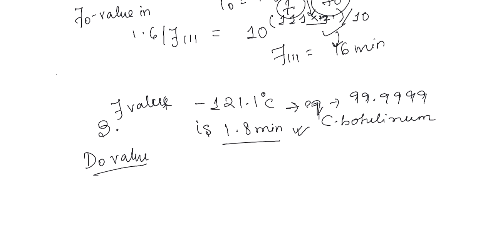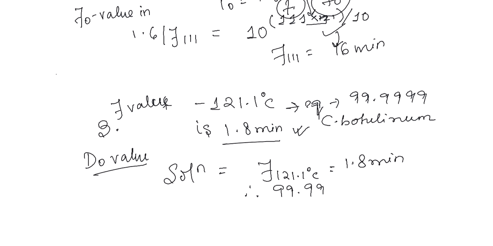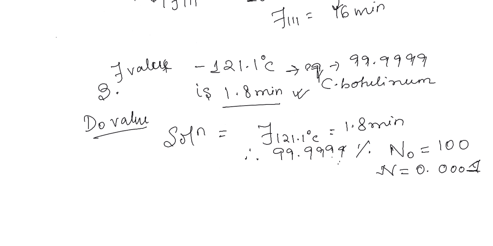We know the F value, so what we can do is solve this numerical. F at 121.1 degrees Celsius is 1.8 minutes, given. For 99.999% destruction, N0 equals 100 and N will be 0.001, which you have to infer from this.